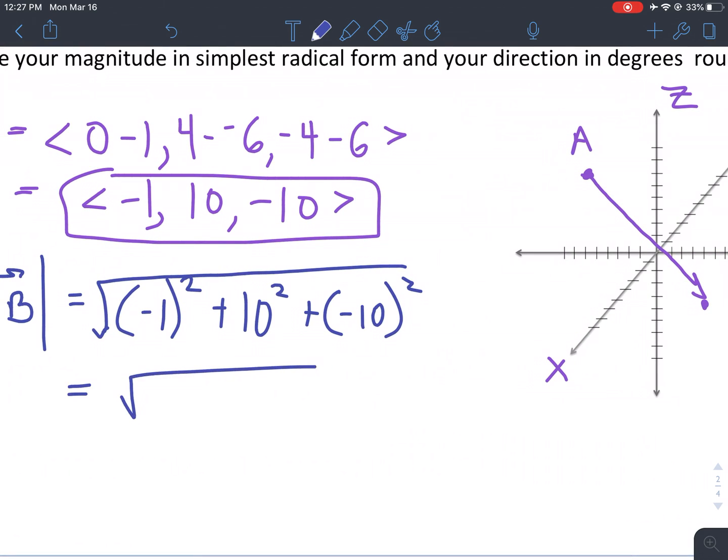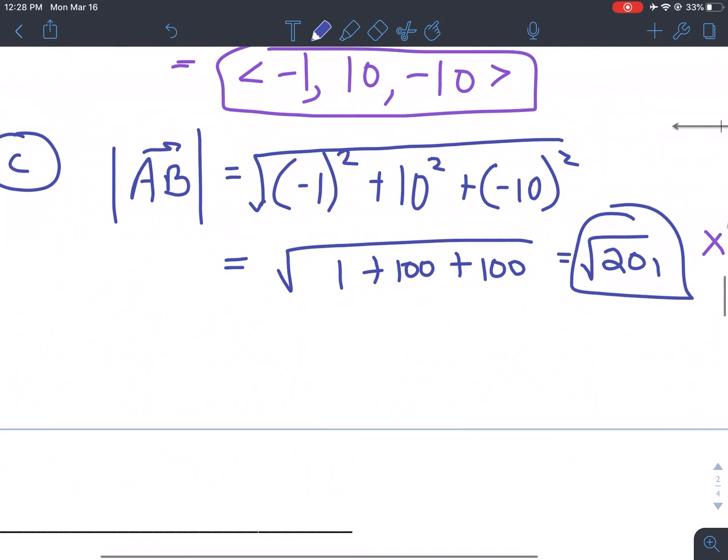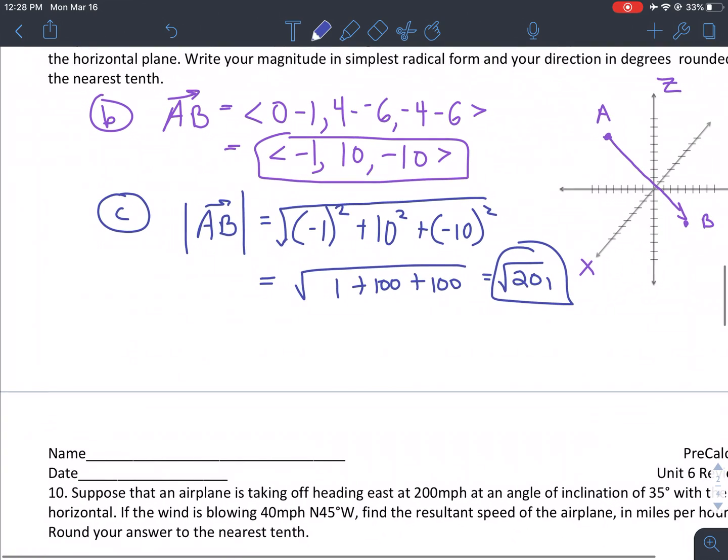So that's going to be 1 plus 100 plus 100, and that's the square root of 201. Not a very nice answer. So we just have to leave it like that. I don't think it's going to simplify. And then we can move on to part D.